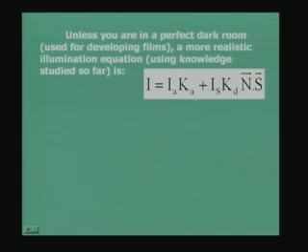The ambient component is given by IA multiplied by Ka, and the diffuse component of the illumination consists of Is Kd and the dot product of n with S, where Is is the intensity of the source, Kd is the diffuse reflection coefficient, n is the surface normal vector, and S is the source direction.